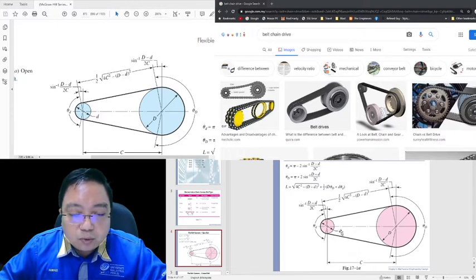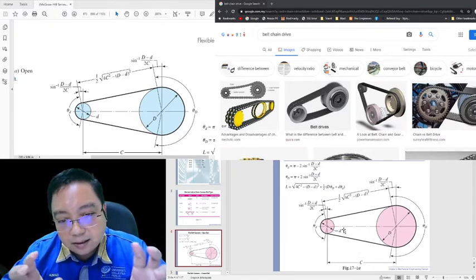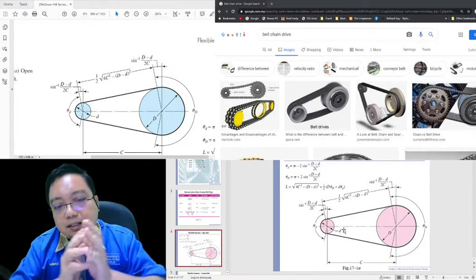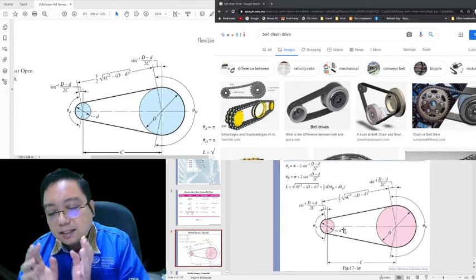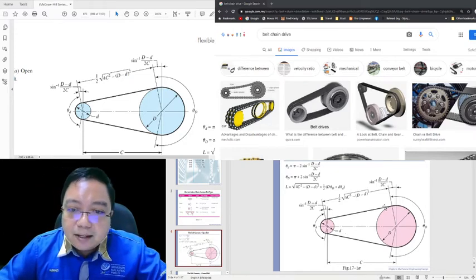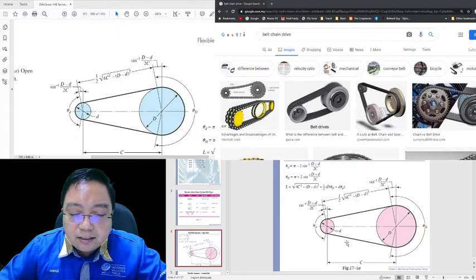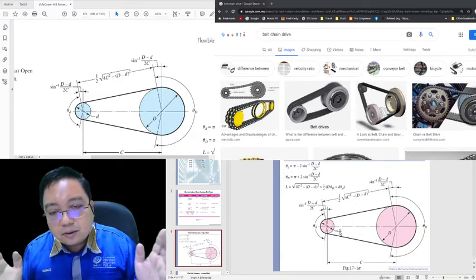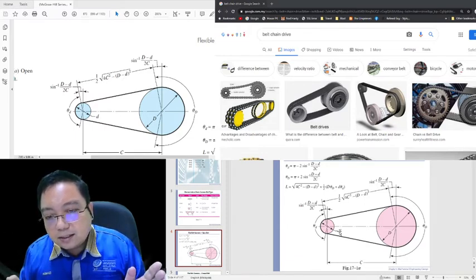Meaning that if you have two gears, the smaller one has the small diameter and the bigger one has the capital D diameter. And C is the center distance, from this point to this point.